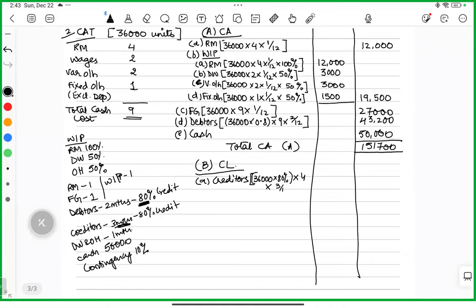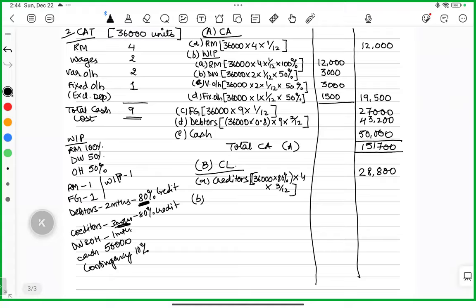So into 3 by 12. So 36,000 into 80% will give you 28,800, which is your number of units that you buy on credit from creditors. Into 4 will give you total cost of raw material that you buy on credit. Into 3 by 12 will give you amount outstanding. So amount outstanding is 28,800.